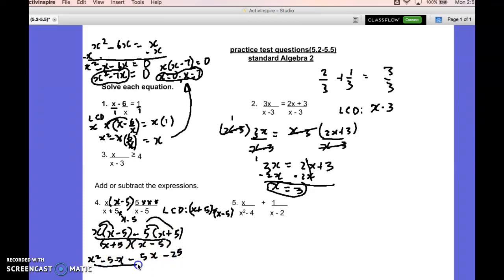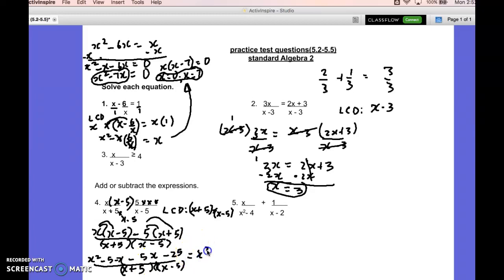And that's all over the given LCD, x plus 5 times x minus 5. So we put like terms together, negative 5x, negative 5x. It's going to give me a negative 10x.